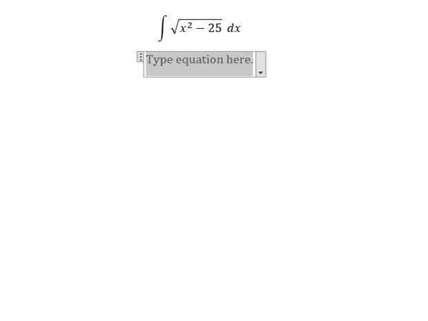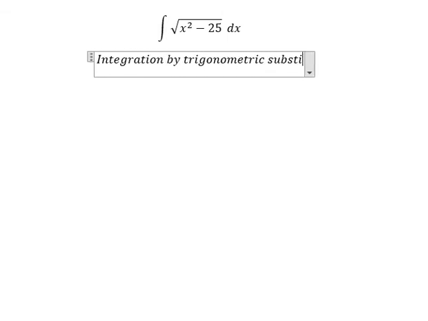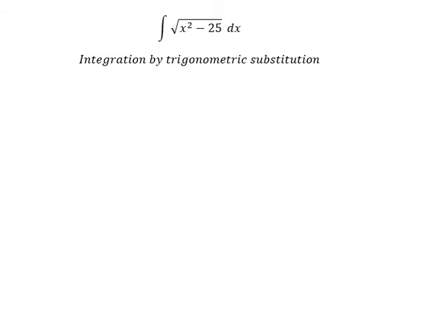We need to use integration by trigonometric substitution. So I will put s equal to 5 secant of t, because if I put this one here, we have 25 secant of t square. 25 we can do factorization.